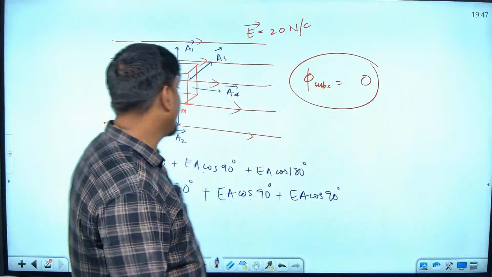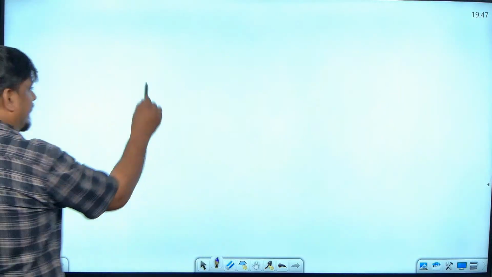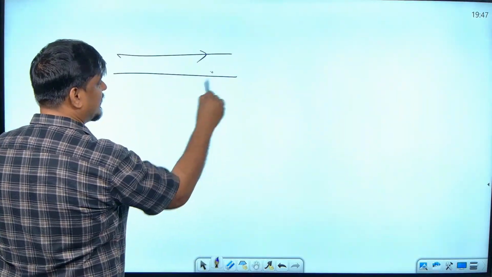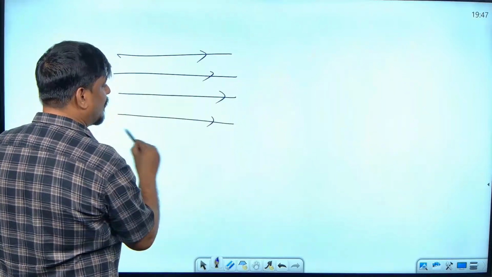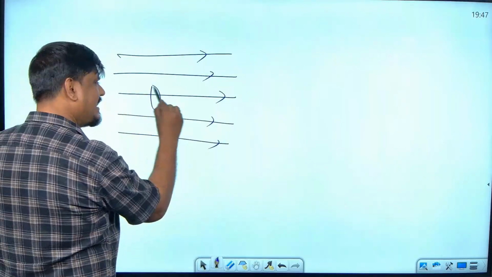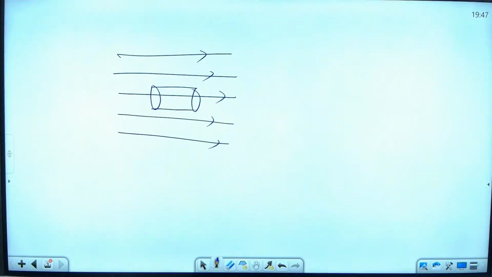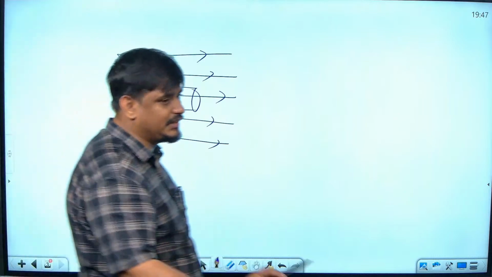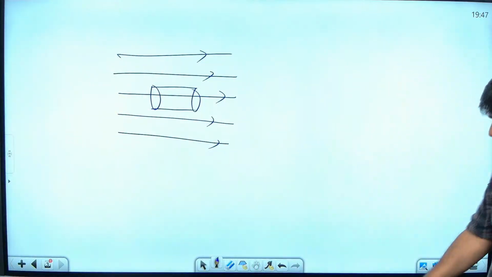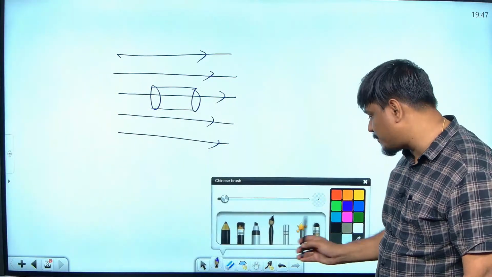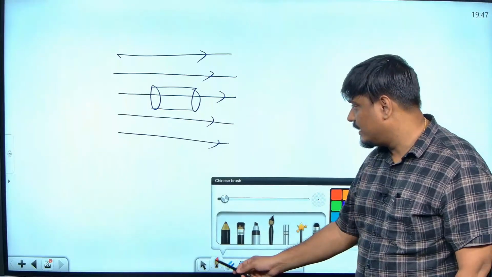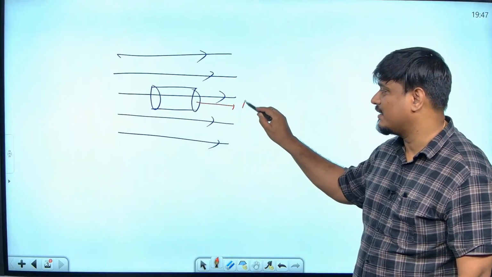For example, if I would have given a question like this to you, that there is an electric field, and in this uniform electric field, I am going to place a cylinder, any direction you can give like this. And if I ask you what is the net electric flux through the cylinder, then what you will do? Once again, there are 3 areas possible here. One area is towards right, A1 vector.